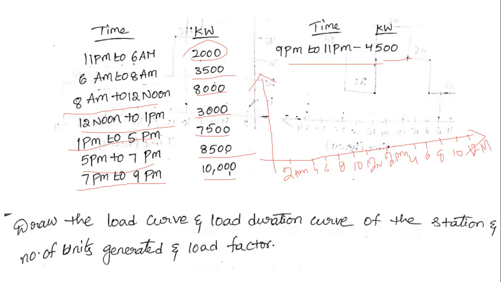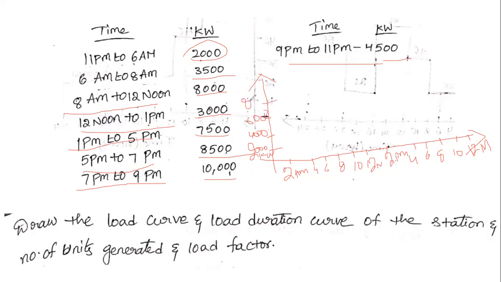Next, on the y-axis we are considering the loads. The loads range from 2000 to 8000, so we are considering 2000 kilowatts, this is 4000, this is 6000, and this is 8000.